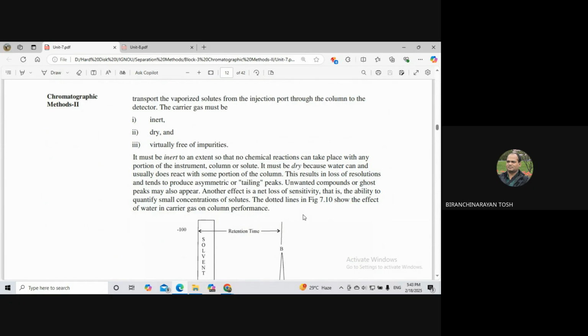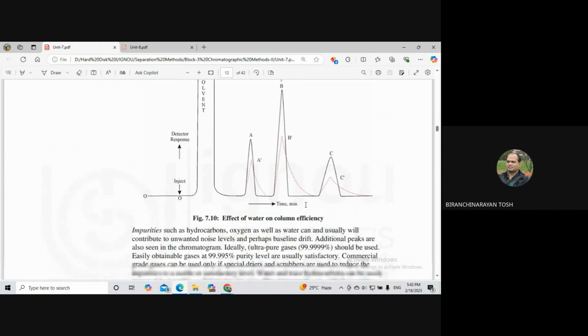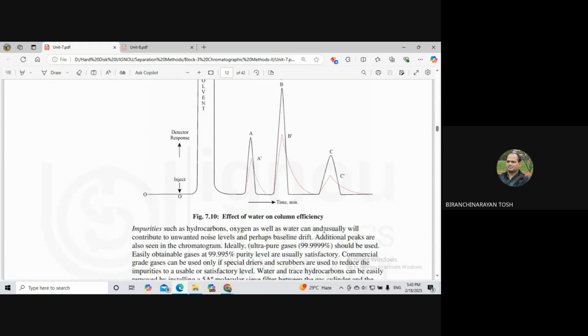The carrier gas must be inert, it must be dry and virtually free from impurities. Impurities such as hydrocarbon, oxygen, as well as water will usually contribute to unwanted noise levels.